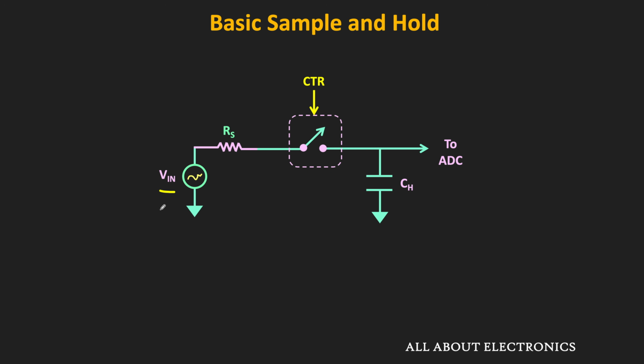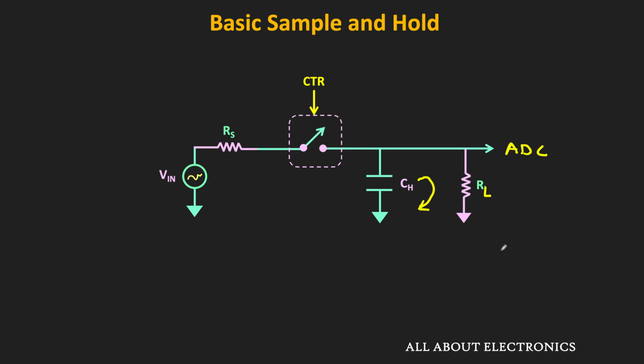Similarly, during the hold period, how well this capacitor is able to hold the charge depends on the value of this load resistance, because during the hold period, the charge across the capacitor will discharge through this path. Typically, here the load will be the input impedance of the ADC.